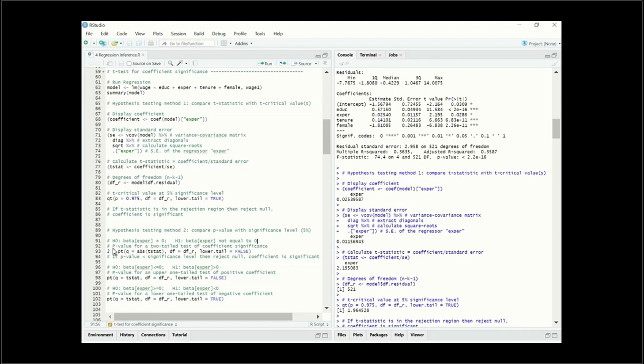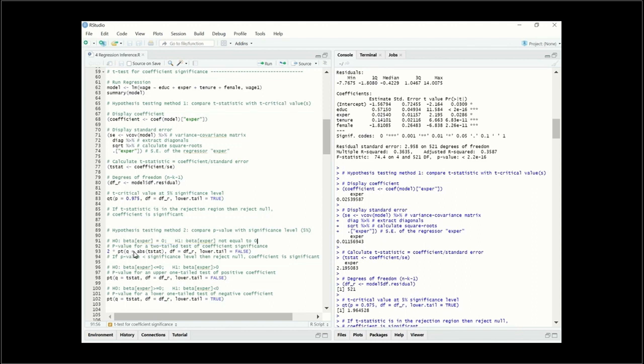Okay, so the p-value is a two-tail test for a coefficient significance, and the way to find the p-value is we're going to be multiplying 2 times pt, and you can see the arguments that are needed for this function.